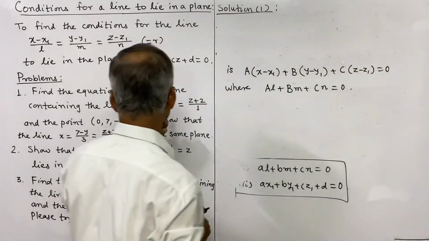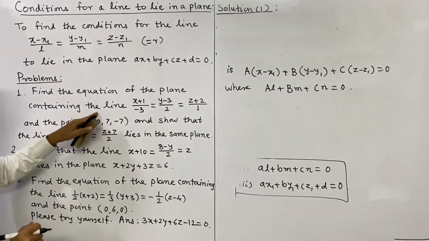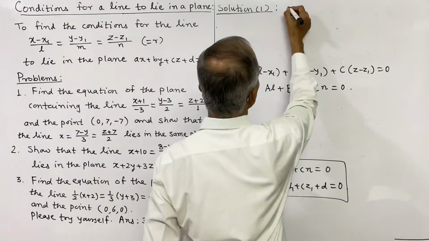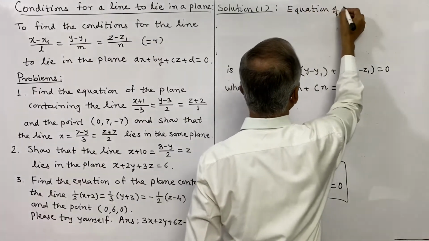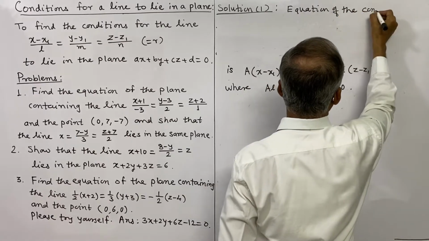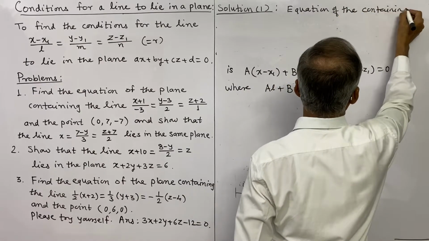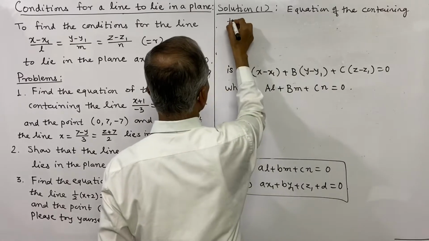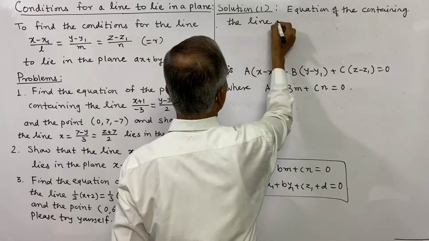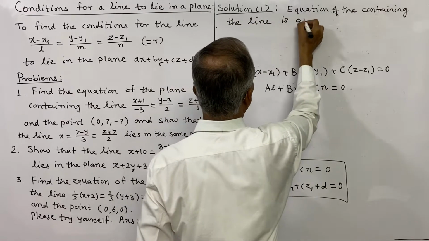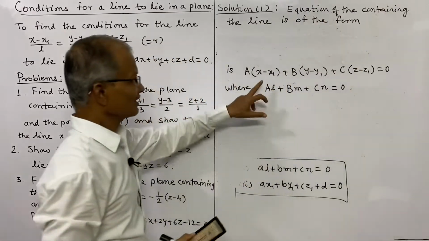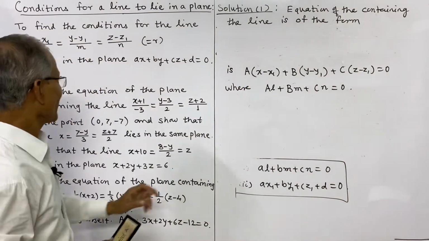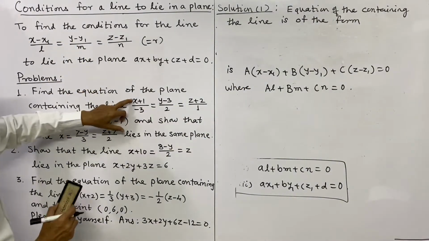So the required plane, the equation of the plane containing the line, is of the form... Now see, it is simple to write A into x minus x1. What is x minus x1 here?